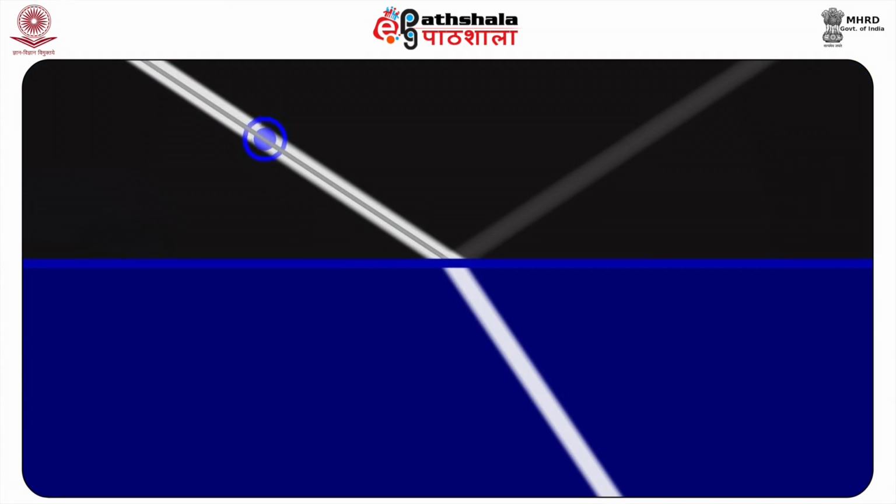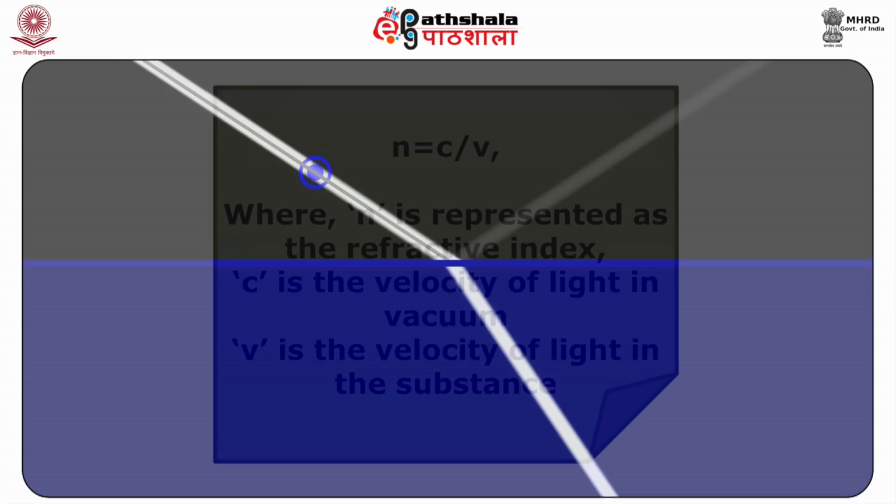This bending of waves because of the change in the velocity of light is called refraction, while the ratio of speed of light in vacuum to the speed of light in the medium or substance like glass is called the refractive index of the substance.